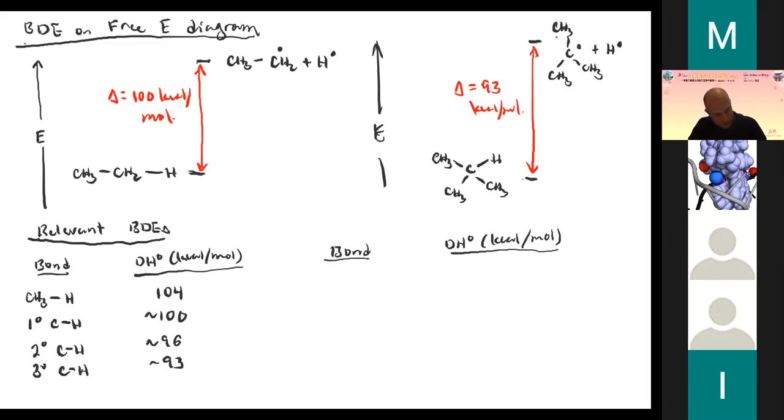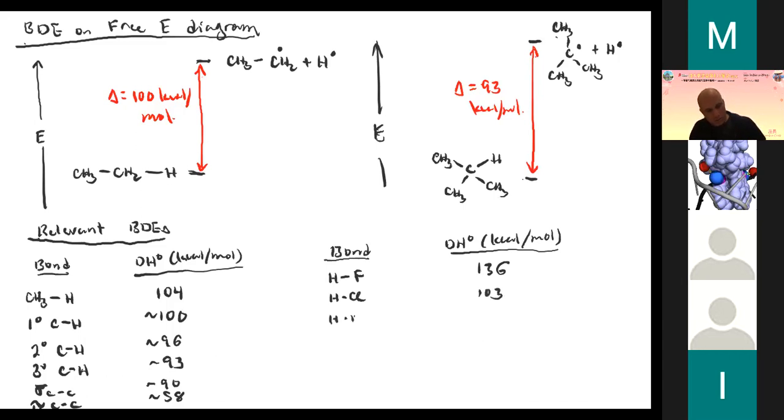For reference, a sigma CC bond is about 90, and pi CC, so just the pi component of a pi bond, is about 58. Okay. A couple more bonds that I want to show you. HF is very strong, 136. HCl is 103.